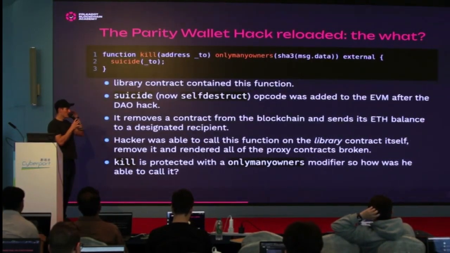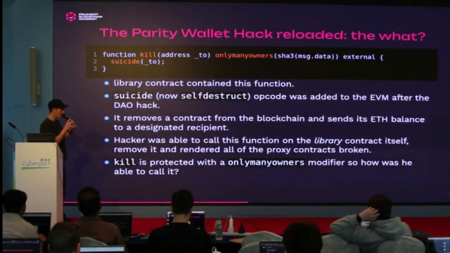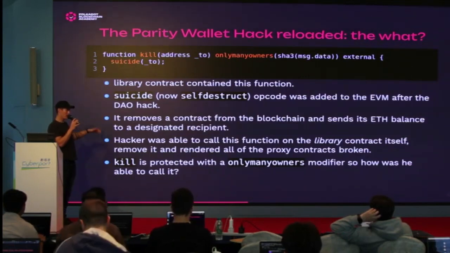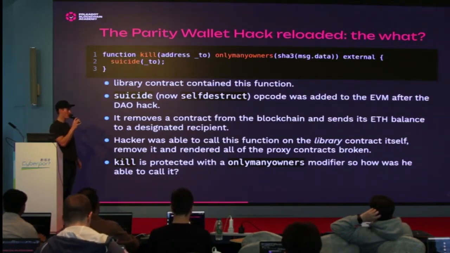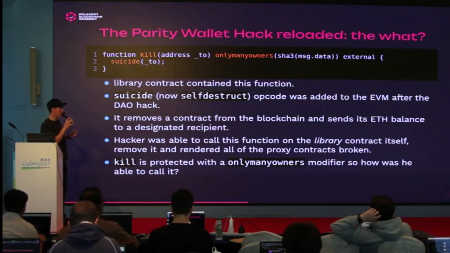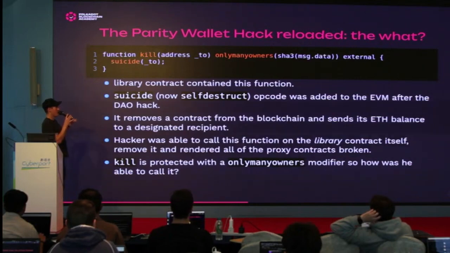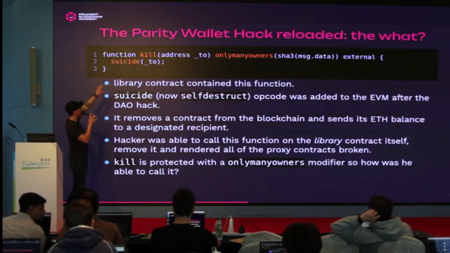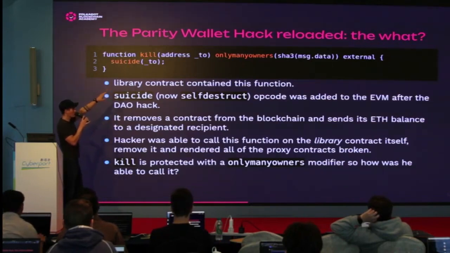So if we go back to the first hack that we talked about, the DAO hack, I talked about how white hat hackers tried to use the same reentrancy attack to take the funds out of the DAO, just trying to do it faster than the original attacker. After that, specifically for situations like that, so code red, we need to act fast, a special opcode was even introduced to the EVM.